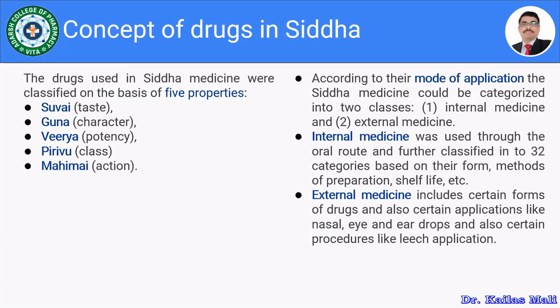Furthermore, Siddha medicines are classified on the basis of 5 properties: taste, character, potency, class, and action. Suvai is taste, Guna is character, Veeryam is potency, Pirivu is class, and Mahimai is action.